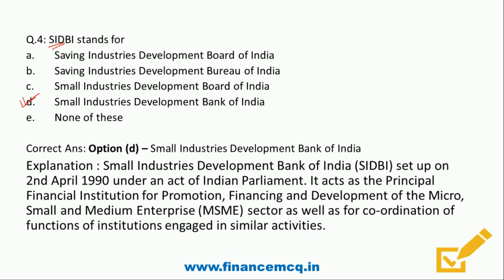SIDBI was set up on 2nd April 1990 for the purpose of promotion, financing and development of the MSME sector, because it plays a crucial role in our economy. I hope it is clear. Now let's move on to the next question.